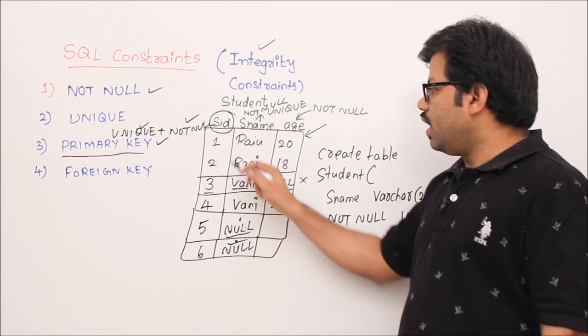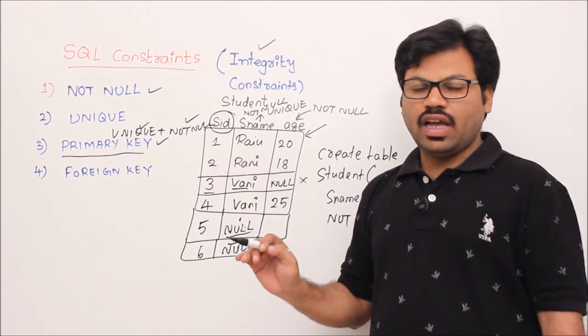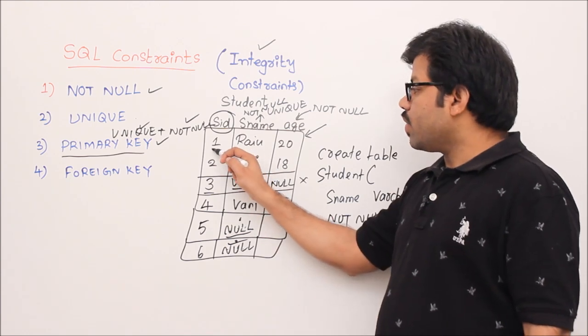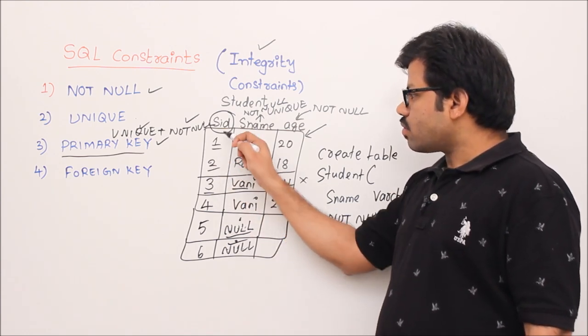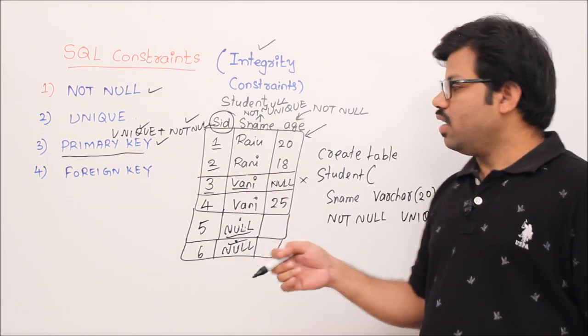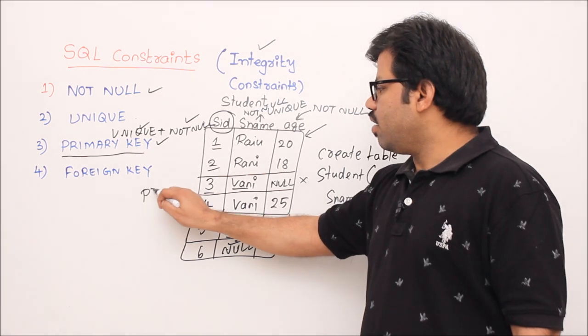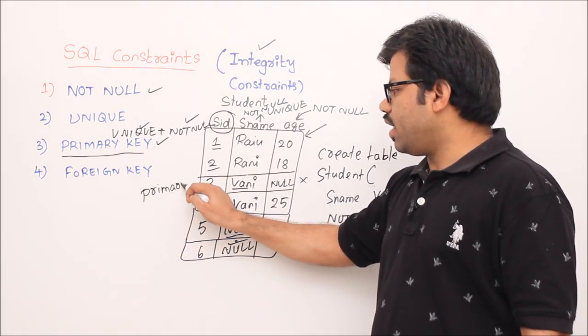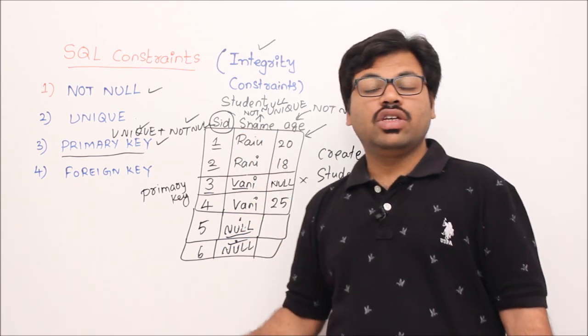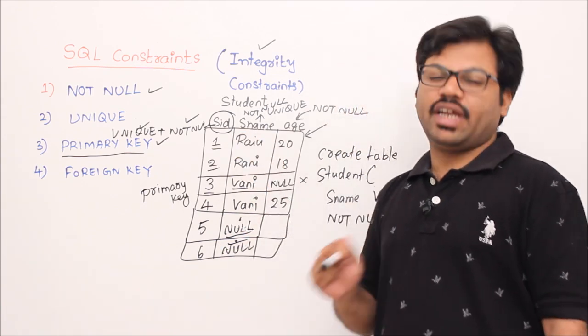Duplicates should not be allowed, that's why I can go for unique constraint. But second thing, this student id should not take null values, then I can write not null, that's not a big deal. But rather than that, I can write primary key. Whenever I write primary key, then what happens? Your DBMS will not allow null values, your DBMS will not allow duplicate values.